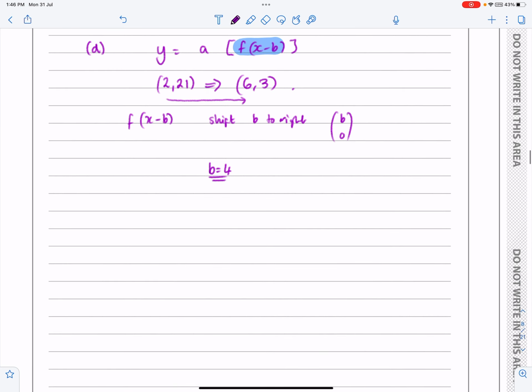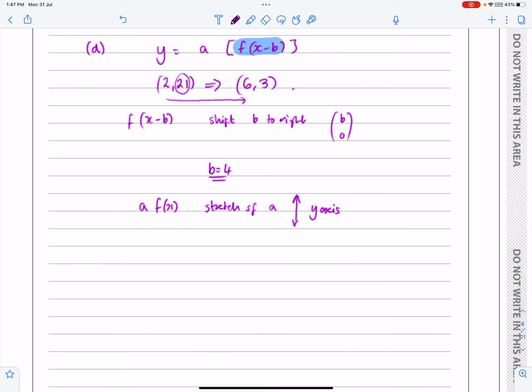And then what does a f(x) do? Well, a is a stretch scale factor a parallel to the y-axis, isn't it? This is all just functions work. And so what that's going to do is have the impact on the 21.